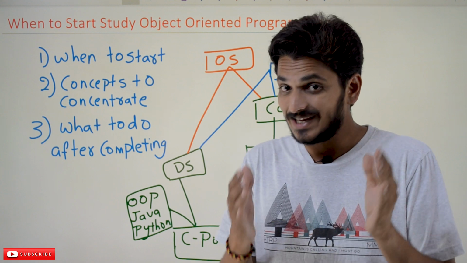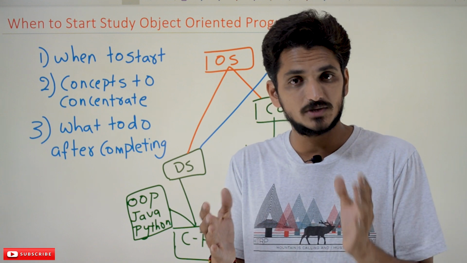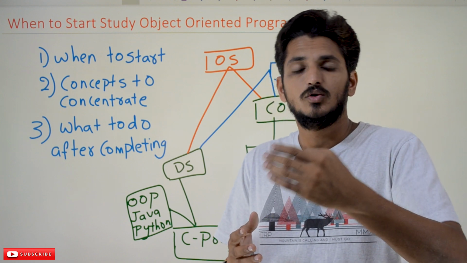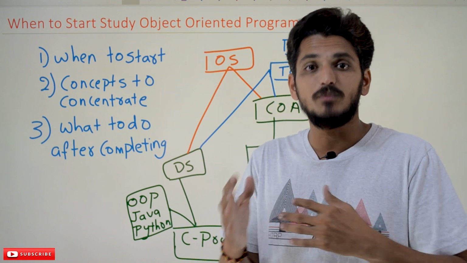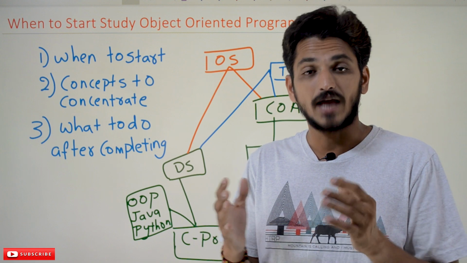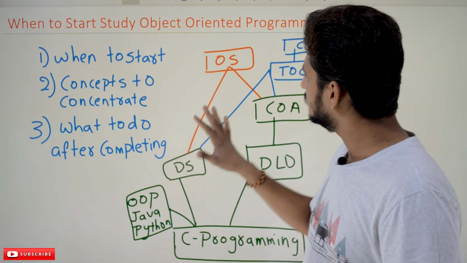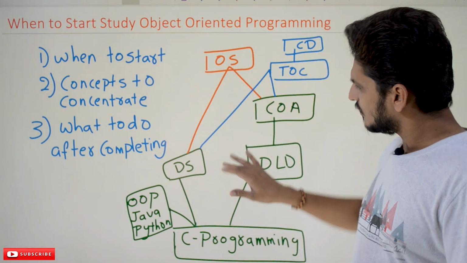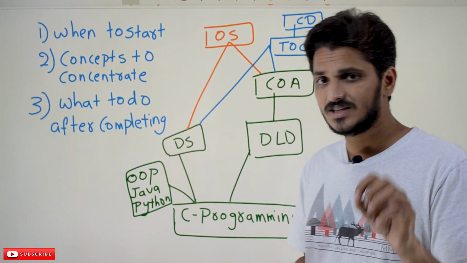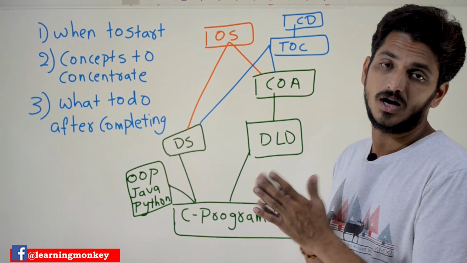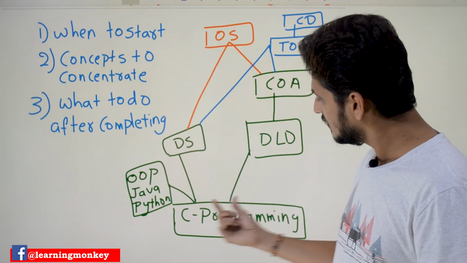Please watch our entire how to study computer science playlist, so that you will understand step-by-step guidance to study computer science subjects one by one for a better understanding of computer science. In our previous videos we already discussed that a computer science student will start his career with C programming.